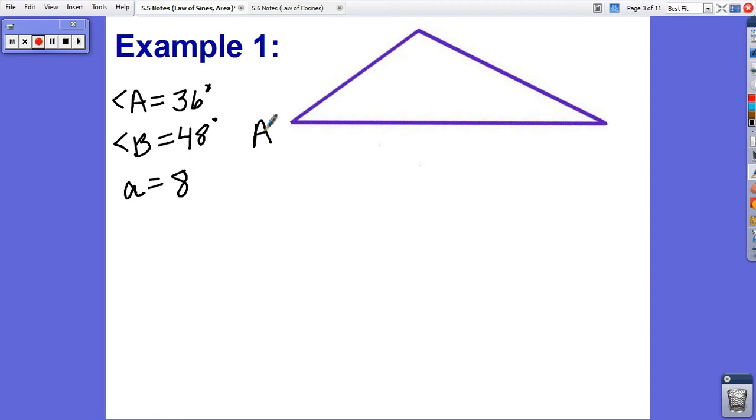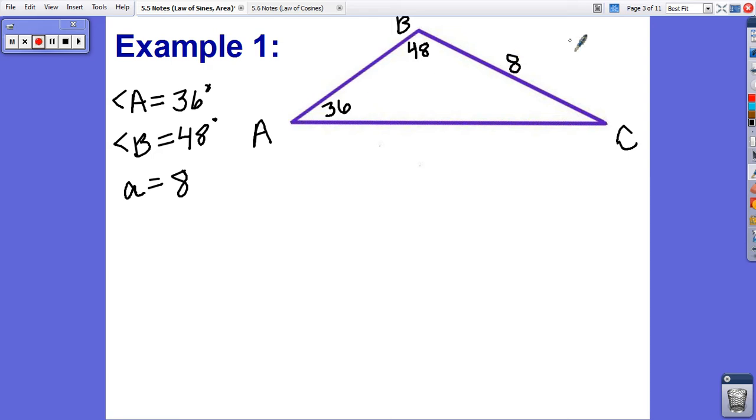So I'm going to label these again. A, this one up here will be B, and this one over here is C. So then my angle A would be 36. My angle B is 48, and side length a across from capital A is 8.